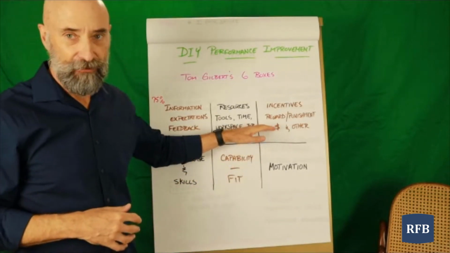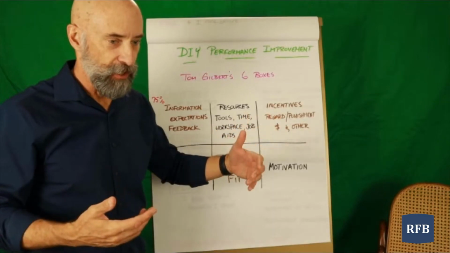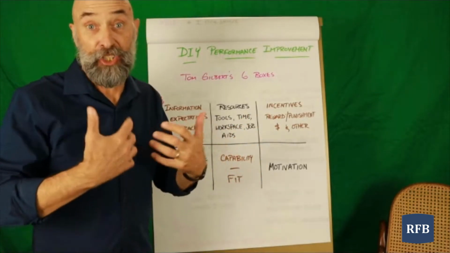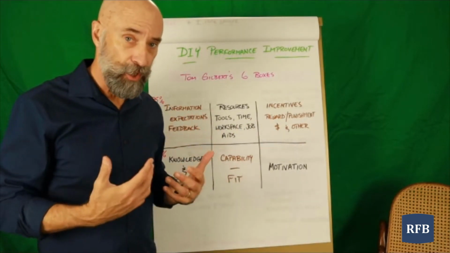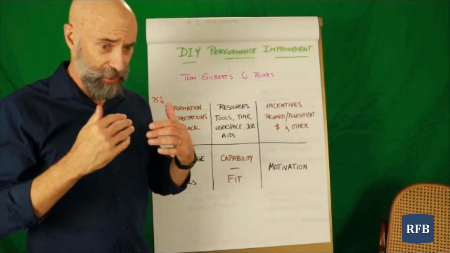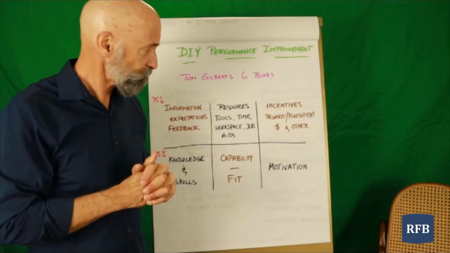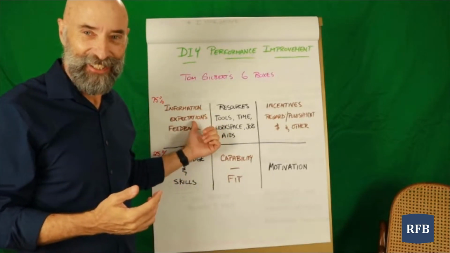So incentives should include both reward, things that I get if I do what I'm supposed to do, and punishment. I know we don't like that particular word, but what are the negative consequences that accrue to me if I don't produce the expected accomplishments?